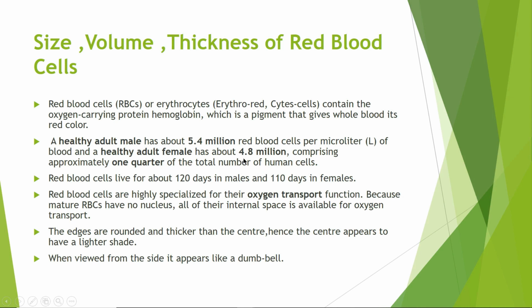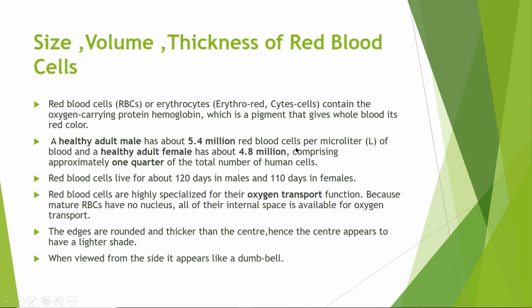Why is that? Because the production of RBCs is affected by the presence of androgens, which are male sex hormones such as testosterone, etc. So these hormones affect the production of RBCs. They increase the production of erythropoietin hormone, which increases the number of RBCs.